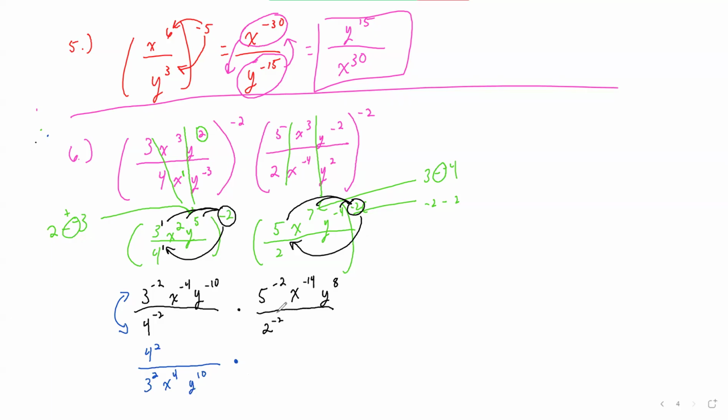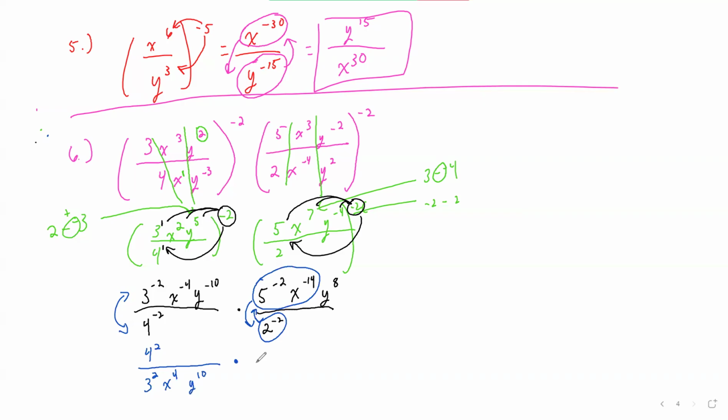Now, I wish I could do the same thing here. But in this situation, what's going to move down and what's going to move up? Very good. So the y to the 8th will stay. There you go.